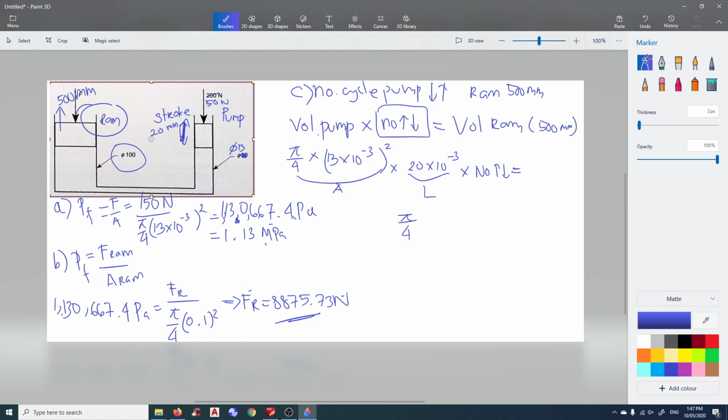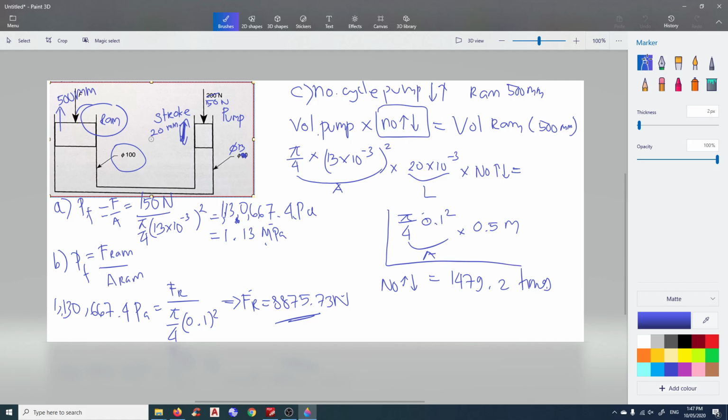So instead of 13 mil, you have 100 mil now, so 0.1 squared. That's the area. And we want to move the ram by 500 mil, so it's 0.5 meter. Once you calculate this value and this value, you can solve the number of up and down strokes, which is 1479.2 times.